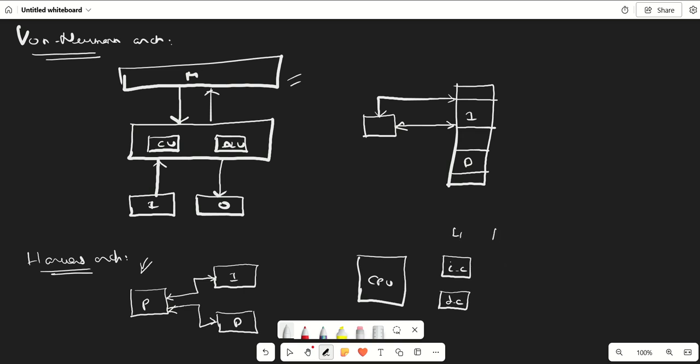After this, we will have a level 2 cache, which will be a unified cache. This will store both instruction and data, and this unified cache is usually connected to the main memory.